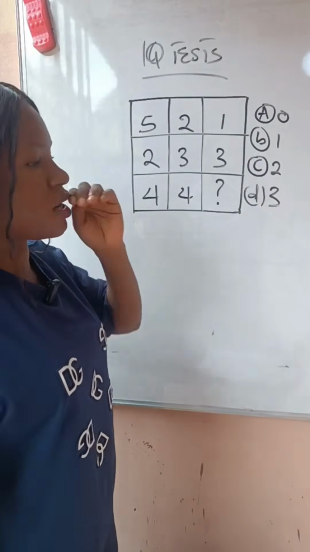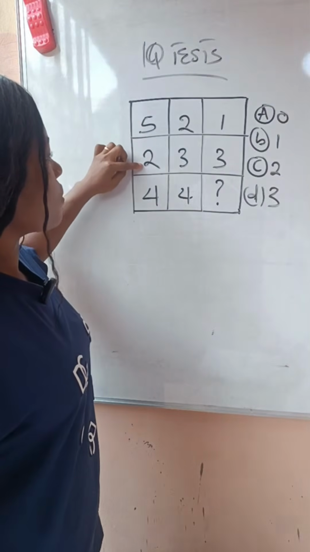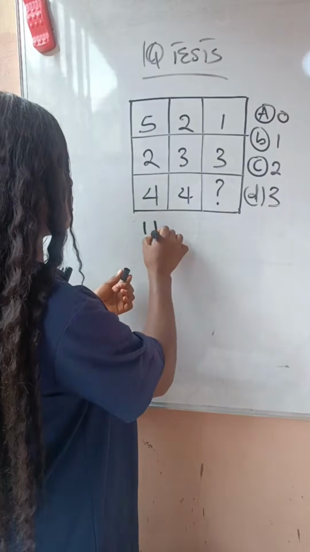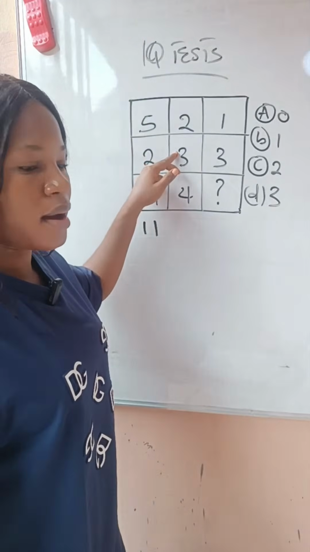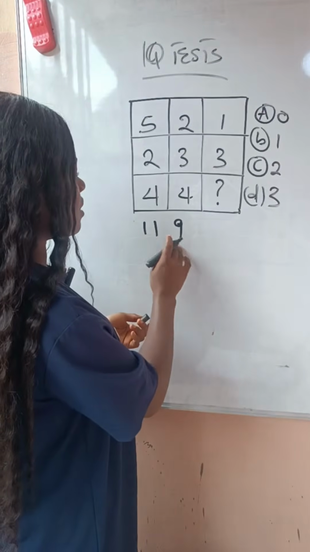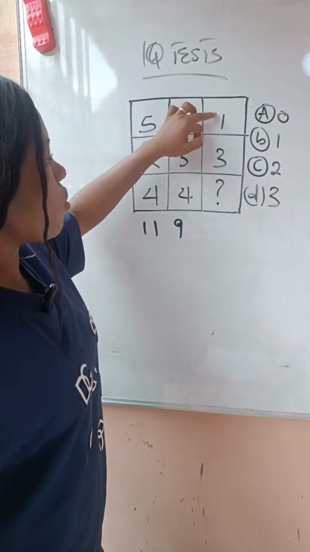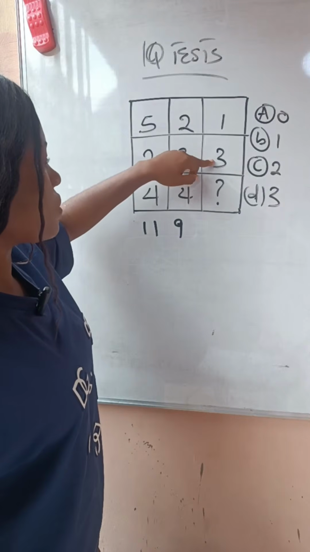Now let's check our columns. We have 5 plus 2 is 7 and 7 plus 4 is 11. Then 2 plus 3 is 5 and 5 plus 4 is 9. So it seems there is no pattern here, right?